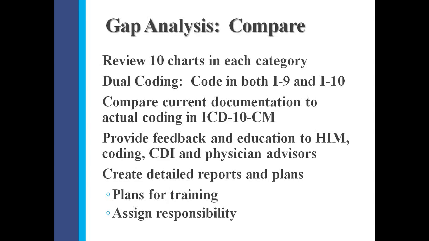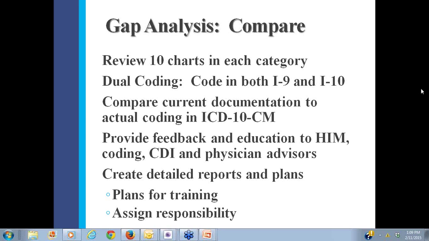You might find that on 9 out of those 10 diagnoses, pretty much all the documentation that's going to be required is there, and then you might find that 1 or 2 areas do require additional information. One of the nice things about ICD-10-CM is that it does follow the same patterns and process as ICD-9. So if you can code in ICD-9, then you can code in ICD-10 as well.